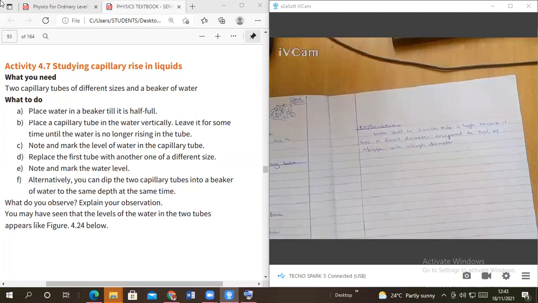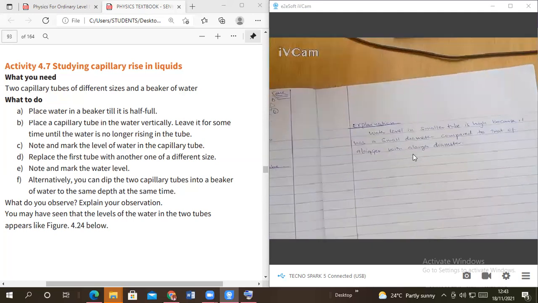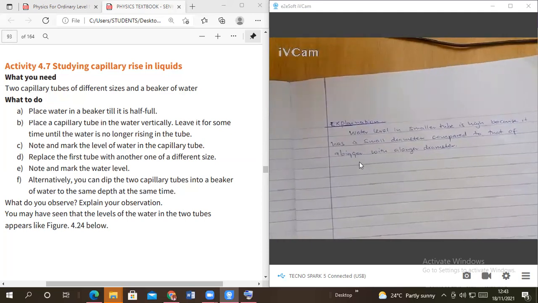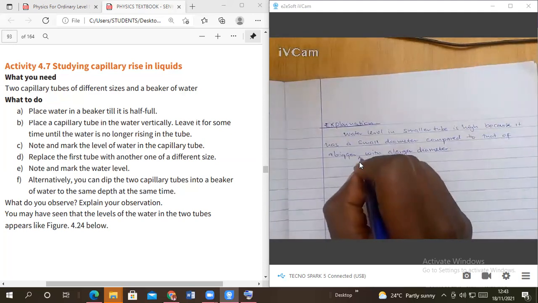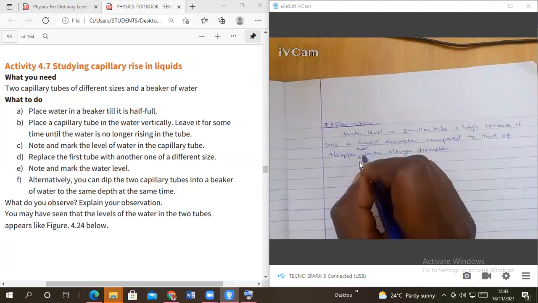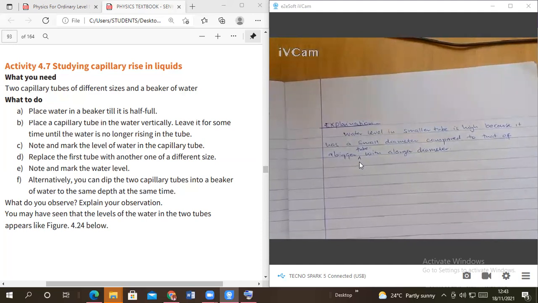So water level in a smaller tube is high because it has a smaller diameter compared to that of a bigger tube with a larger diameter.